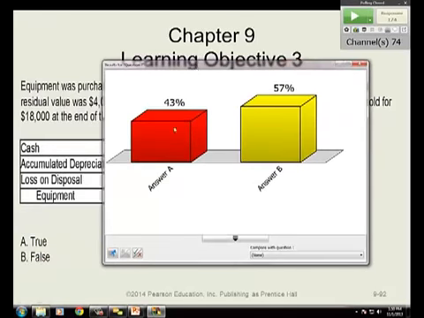Okay. Before I do anything, let's look at the scenario here. It tells you equipment is purchased for 24, and the residual value is 4,000, straight line. 24 minus 4 over 5.